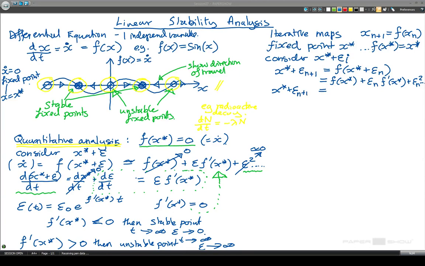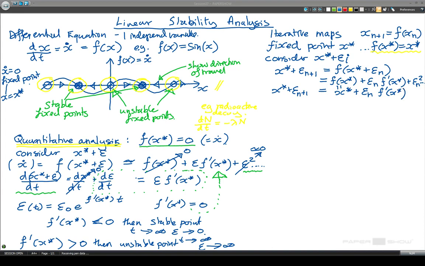Now f of x star is just equal to x star from our relationship here, so that's x star plus epsilon n f prime of x star.